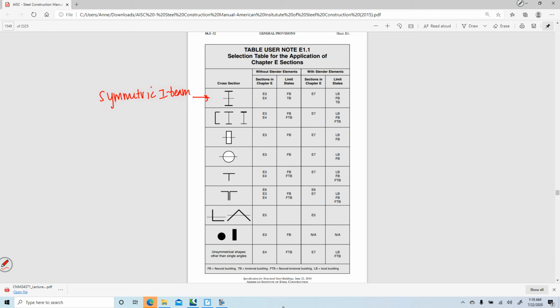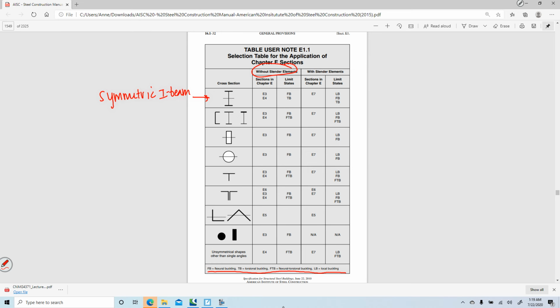If it doesn't have slender elements, you only need to check flexural buckling and torsional buckling. FB is flexural buckling, TB is torsional buckling. It says it right down here at the bottom.